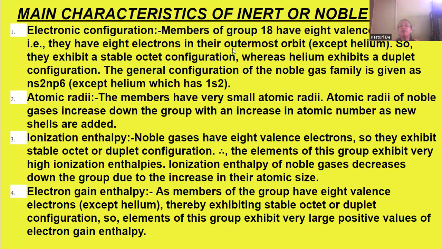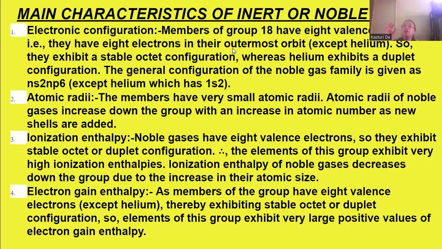Atomic radii. The members of this group have very small atomic radii. Atomic radii of noble gases increase down the group with an increase in atomic number, as the number of shells increases. When we move from top to bottom, the atomic radius increases.